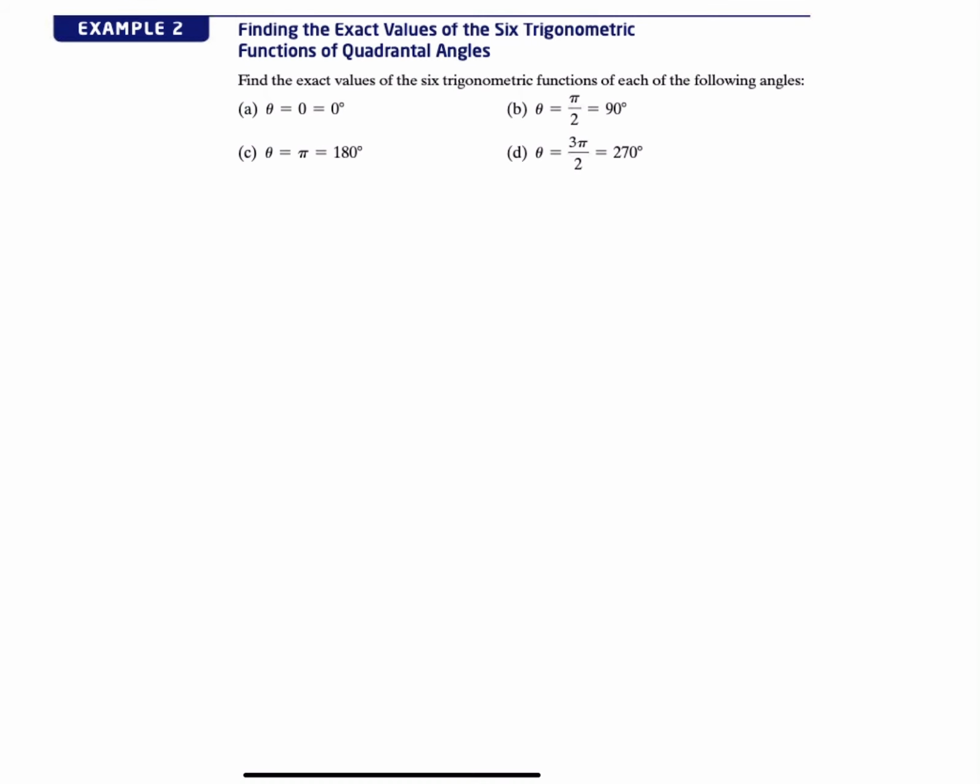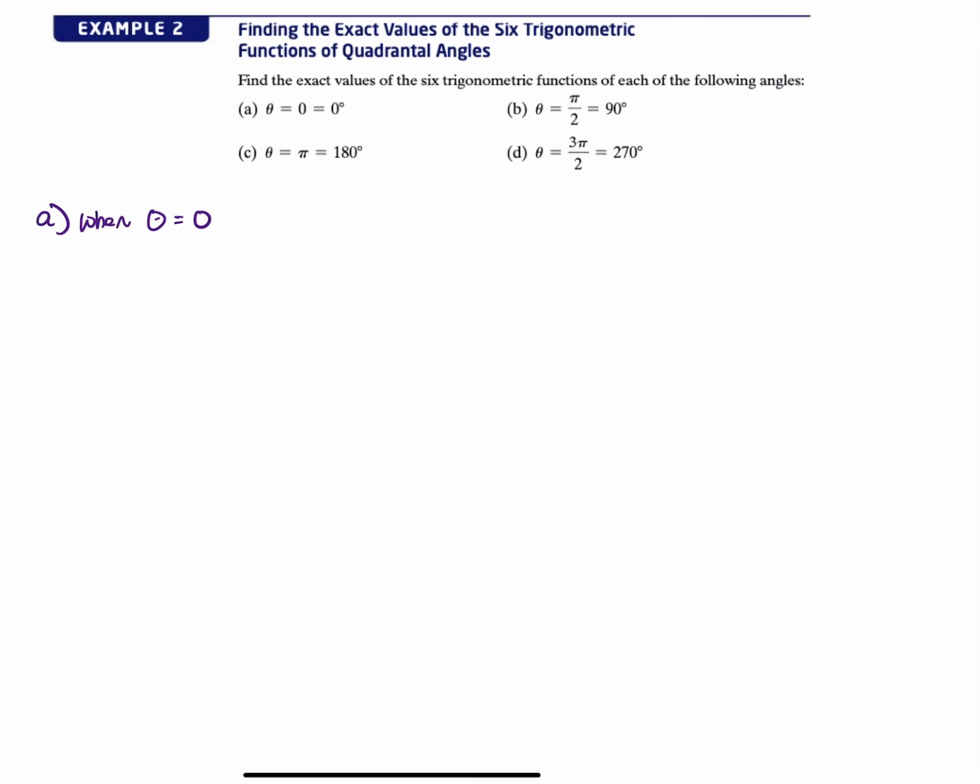It's saying to find the exact values of the 6 trigonometric functions for each of these quadrantal angles. So we'll start with 0. When theta equals 0, where are we on the unit circle?